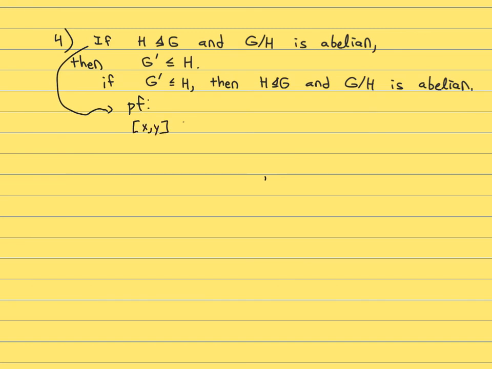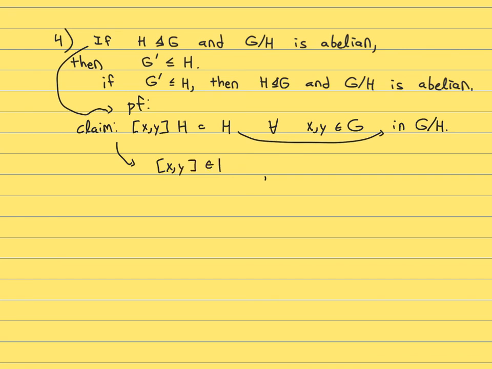So what we want to claim is that the commutator times H is equal to H for x, y in G. And here we're working in the group G mod H. Why would we want to do that? Because that tells you that all the commutators are elements in H, which means that H contains every commutator, therefore it contains G prime.